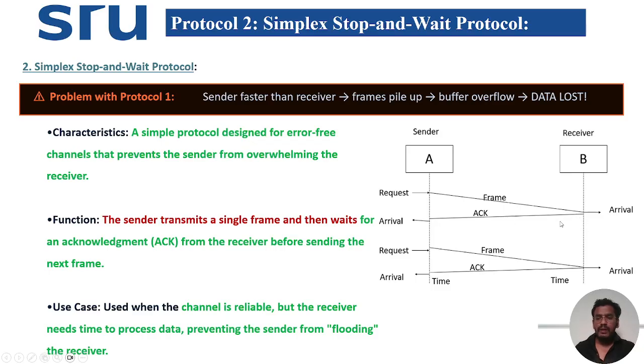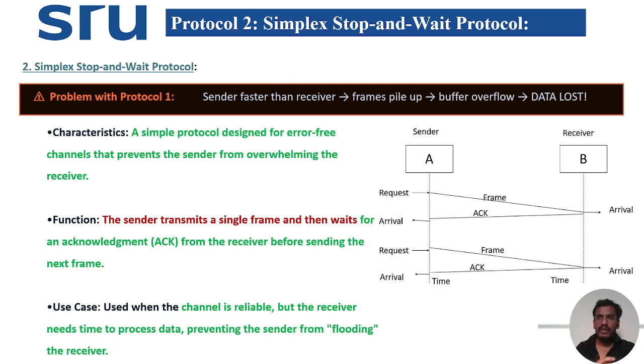Otherwise, the receiver side asks the sender side to resend the data again to get a correct file or correct frame. So why do we go for this simplex stop and wait protocol? To overcome protocol one.